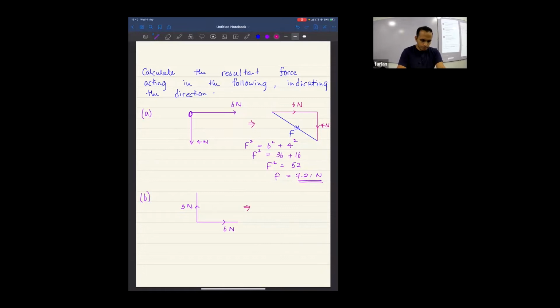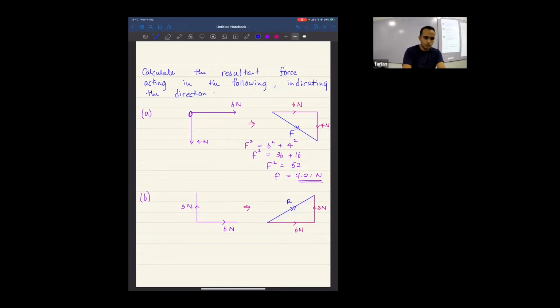So the next one, part B: I will mark the 6 newtons first. Then from where I'm stopping the 6 newtons, I draw another 3 newtons. The resultant is given by, from here to here, starting point to the ending point. I will mark that as R, the resultant.